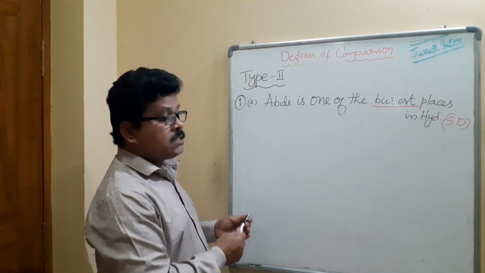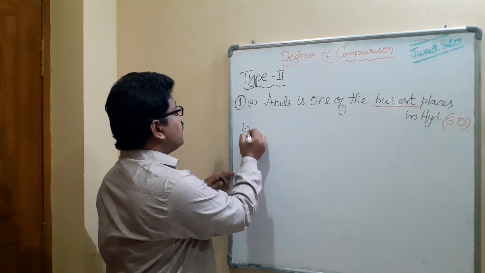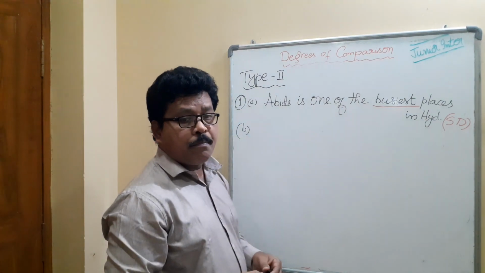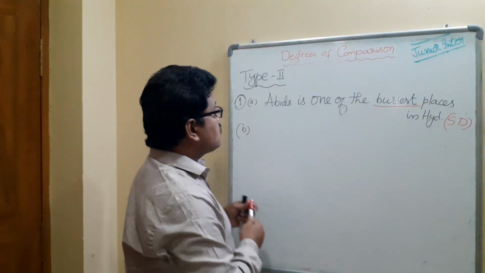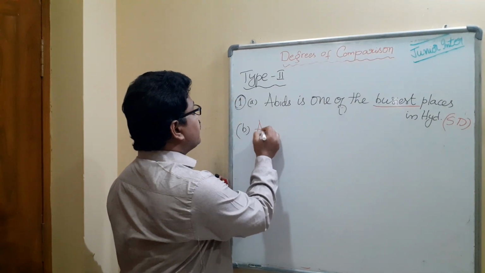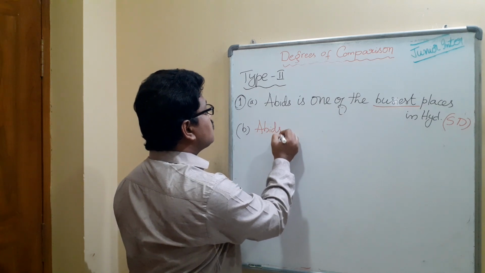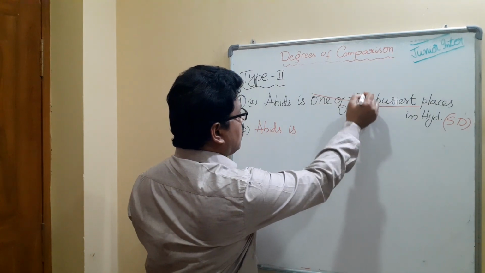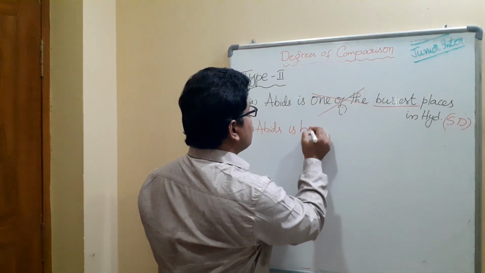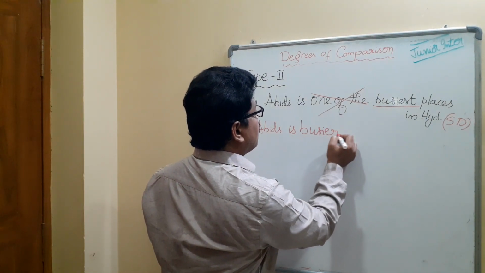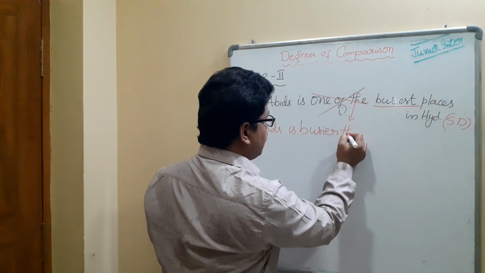How to change it into CD and PD? How to convert it into CD? Almost the same. Abbots is one of the busiest becomes busier than. The becomes than.